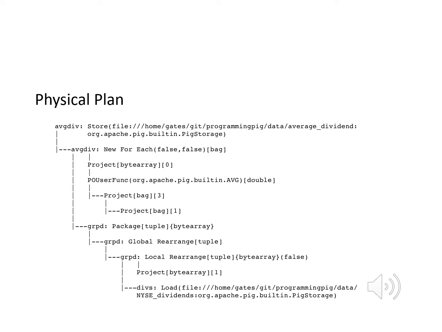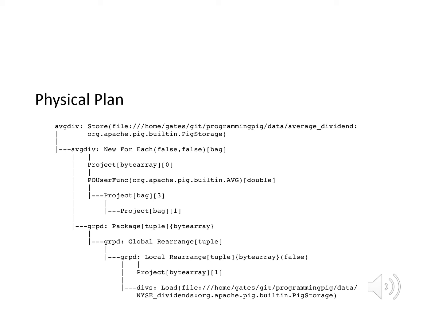It looks like the logical plan, but with a few differences. The load and store functions that will be used have been resolved, and the actual paths that will be used have been resolved. This example was run in local mode, so the paths are all local files.